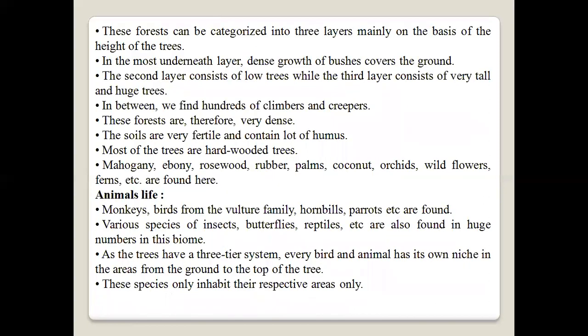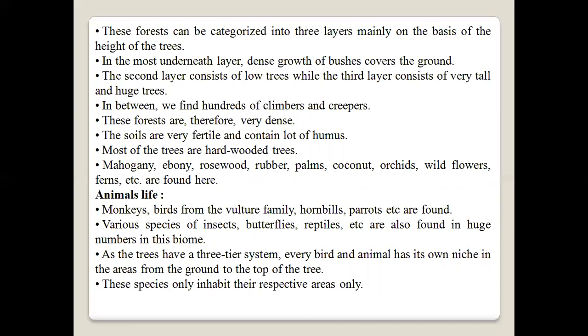Mainly trees grow taller. They have a dense canopy which looks like a roof. This forest can be categorized into 3 layers mainly on the basis of the height of the trees. In the underneath layer, dense growth of bushes covers the ground. The second layer consists of low trees, while the third layer consists of very tall and huge trees.